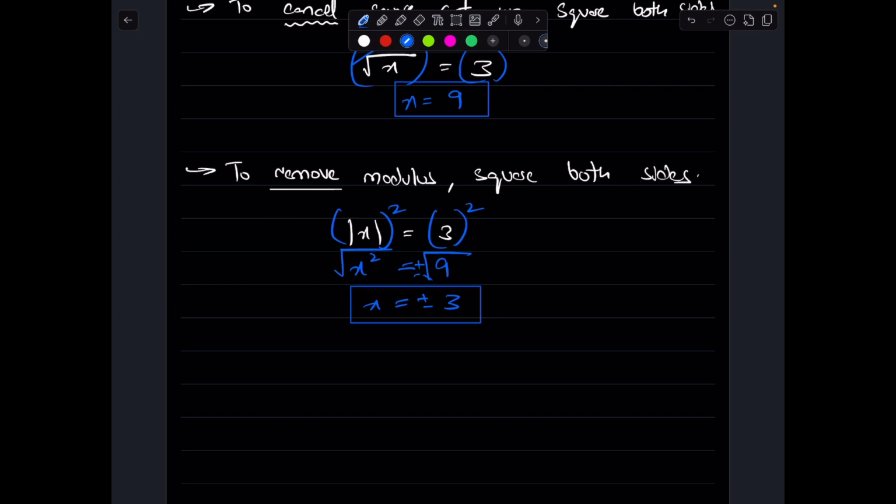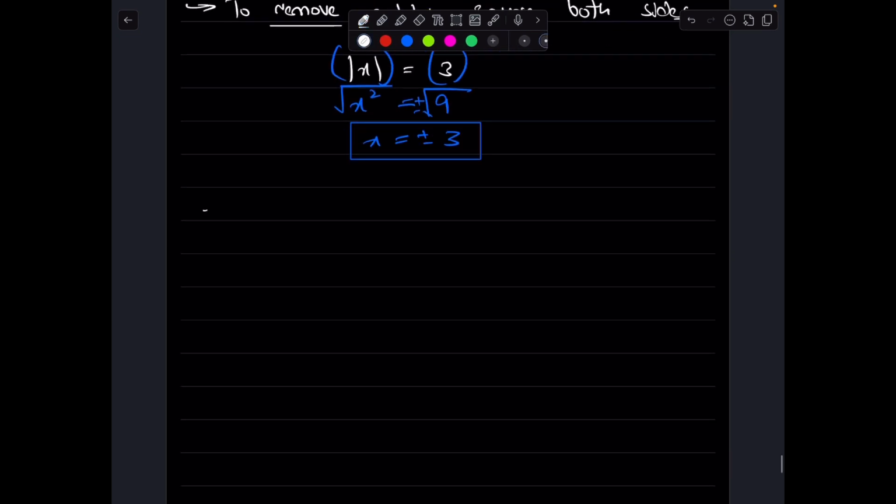So to clarify this, let's take another example. Let's say I have x minus 1 inside the modulus and equals 3. So first of all, let's square both sides. After squaring both sides, I have x minus 1 whole square equals 9.